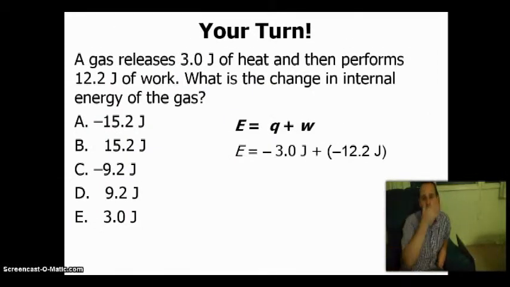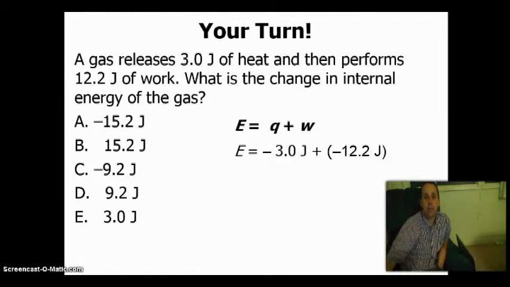All right, so if I have some sort of a chemical reaction and this gas releases 3 joules of heat, but in the process performs 12.2 joules of work, what's the change in internal energy of the gas? Well, it released 3 joules of heat. That is a negative value, -3 joules.